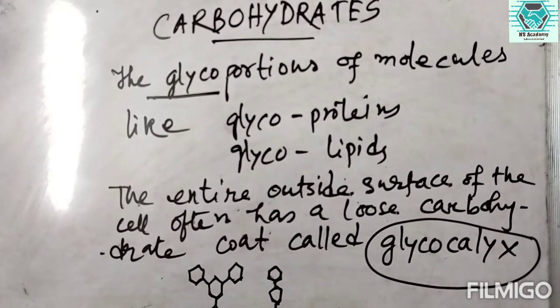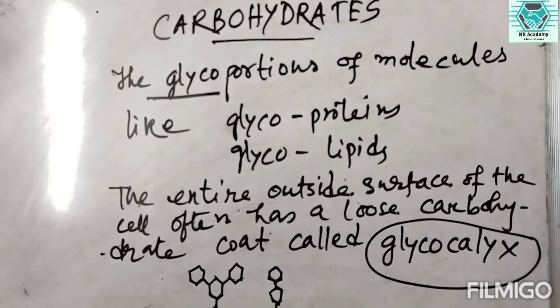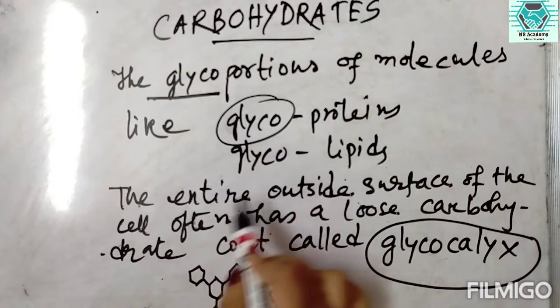The next most important part is carbohydrate. So this is the third major element for the cell membrane, and the glycoportions of the molecules are basically the carbohydrates, and the glycoproteins, glycolipids.